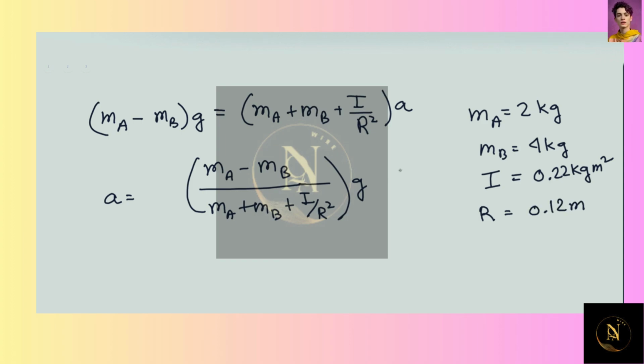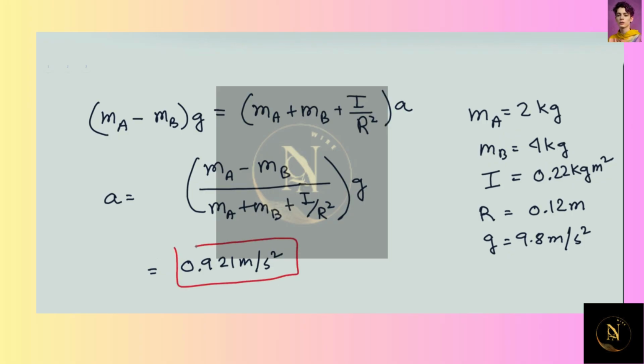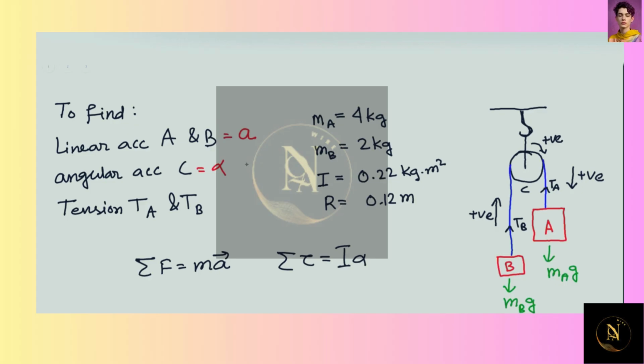So if we put all these numbers here, of course g is 9.8 meter per second squared, we see that a, or the linear acceleration, will be 0.921 meter per second squared. Right, so this part is done.